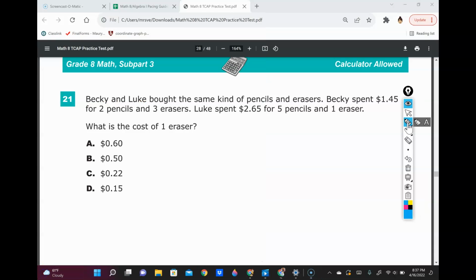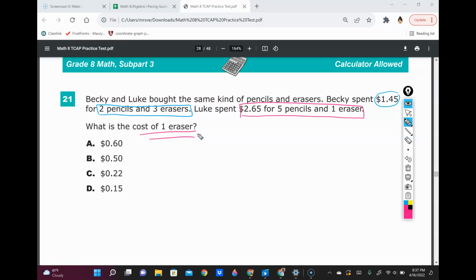Becky and Luke bought some of the same kind of pencils and erasers. Becky spent $1.45 for 2 pencils and 3 erasers. Luke spent $2.65 for 5 pencils and 1 eraser. There's several options that you could do here, as you can figure out which one is the eraser, different strategies that you can use.